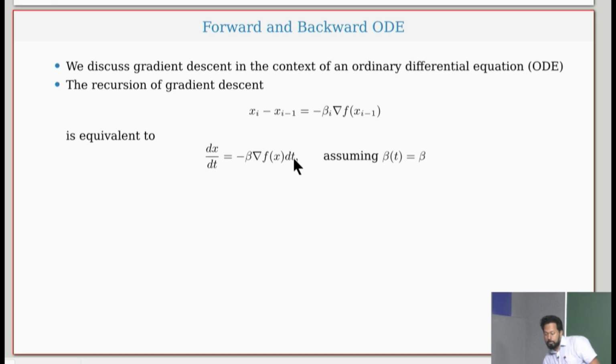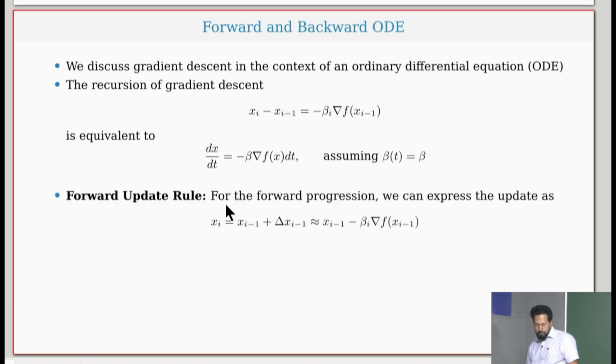Here you can take beta_i to be some beta delta, then divide by delta t and take the limit delta t tends to 0. So then it becomes like this.